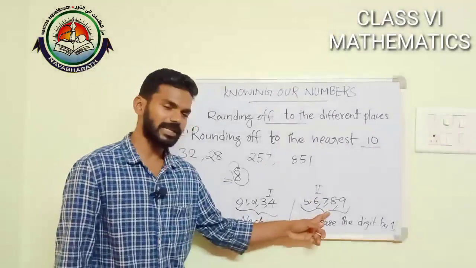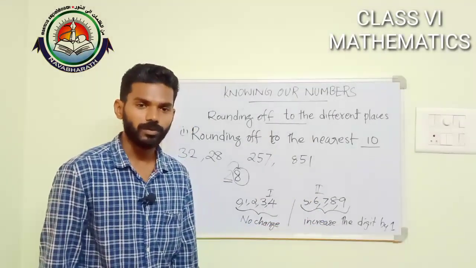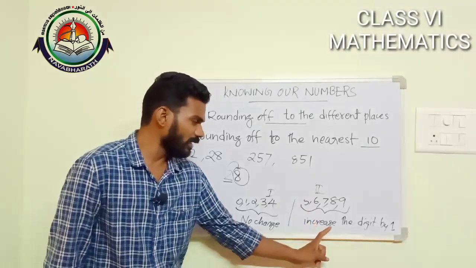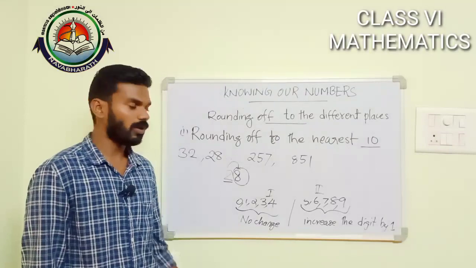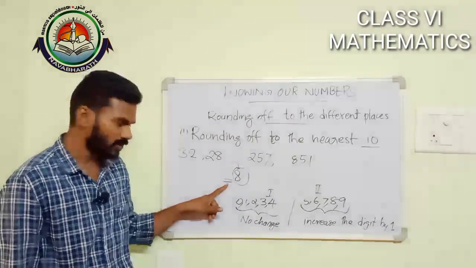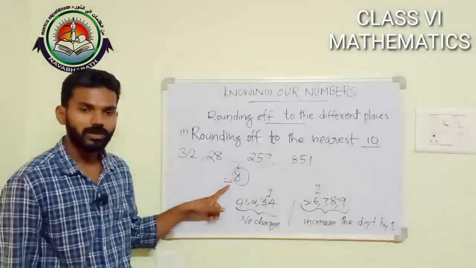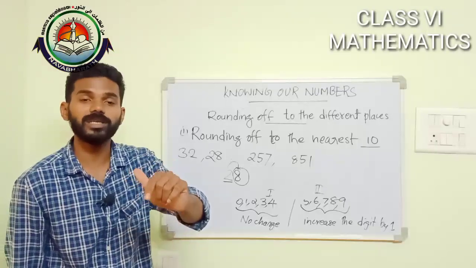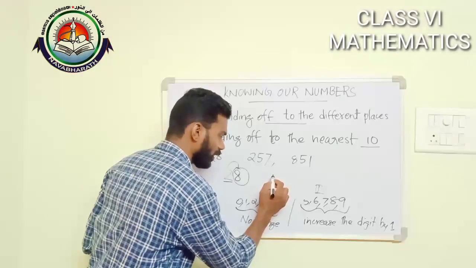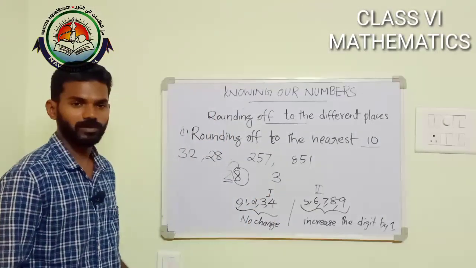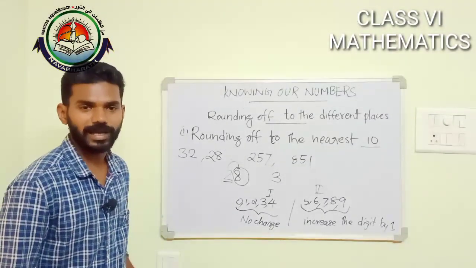And in the second category, what do we want to do? We want to increase the digit by 1. So on the tens place, here it is 2. And it has to be increased by 1. 2 plus 1 becomes 3. And what do you want to do next?